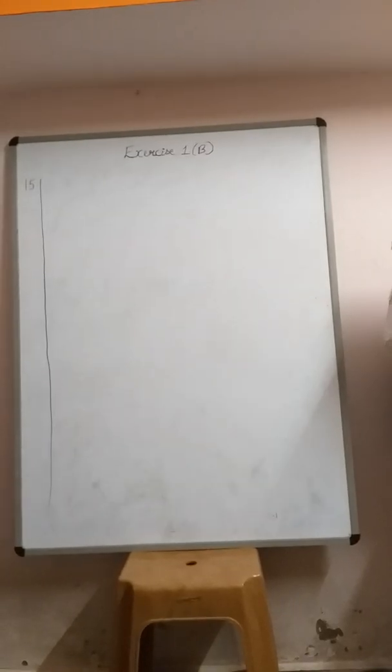Children, let's proceed to the 15th question. An oil tin contains 6 liter and 60 milliliter oil. How many identical bottles can this oil fill if the capacity of each bottle is 30 milliliter? Okay, an oil tin contains. So let us write the solution.